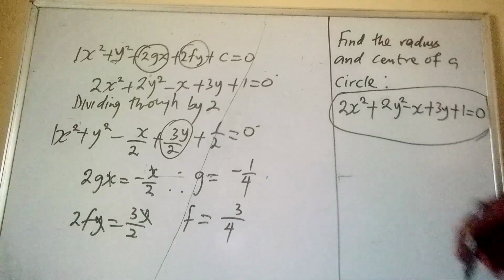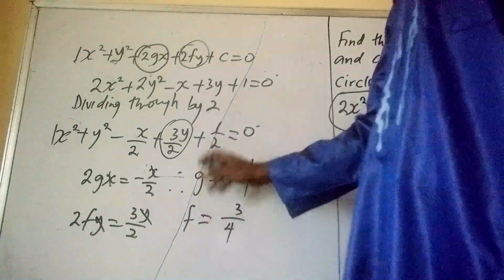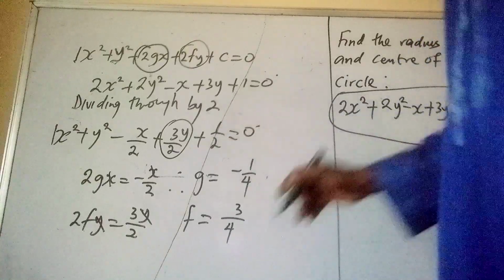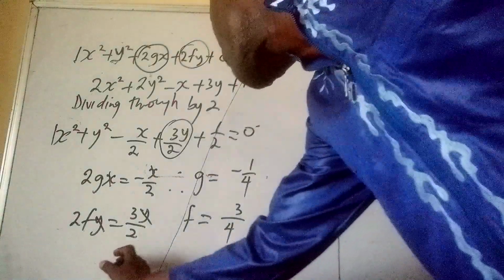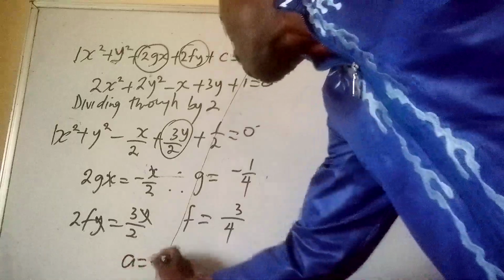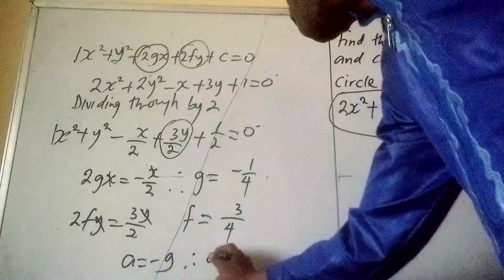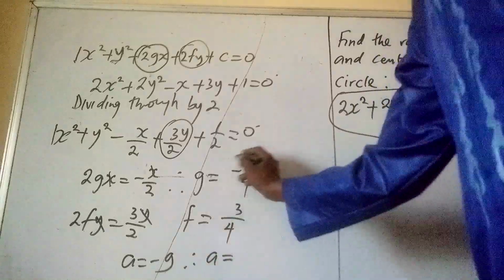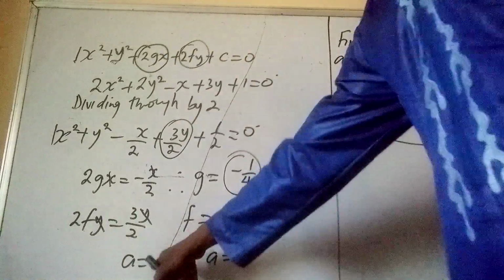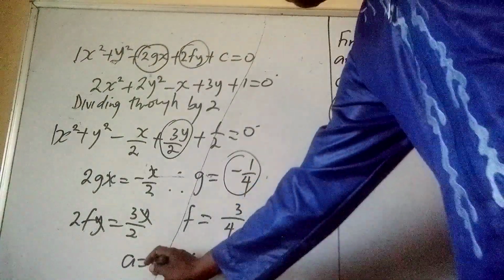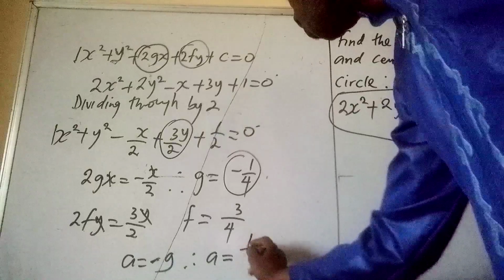So we have been able to get g and f, which will lead us to the center of the circle. Don't forget that a equals minus g. So a is equal to minus times g, and g is negative 1 over 4, so multiplying by this negative gives positive 1 over 4.